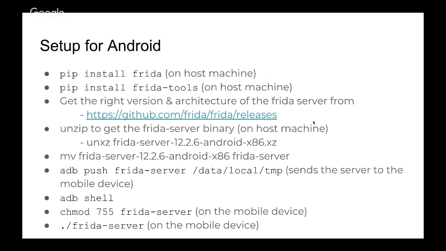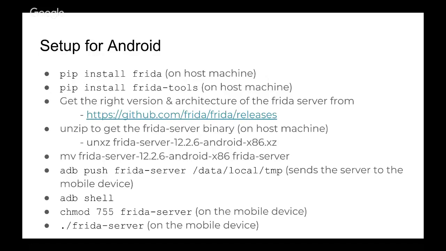While you try doing this, make sure of one fact, which is where we, at least Chandrapal and I, went wrong multiple times. It is to make sure that you have the right matching versions of the Frida library that you're installing on your host, and of the server that you're going to place on your mobile device, right?